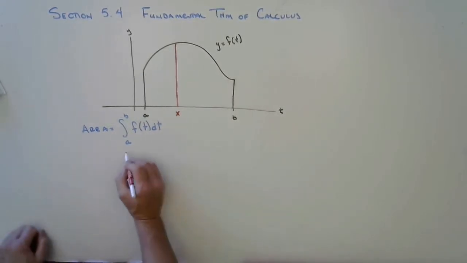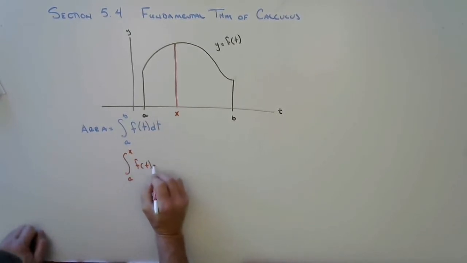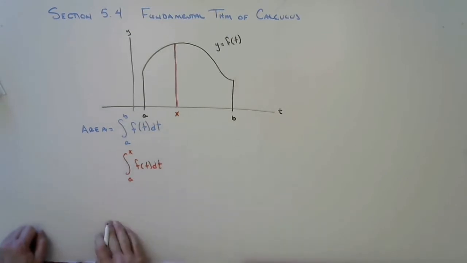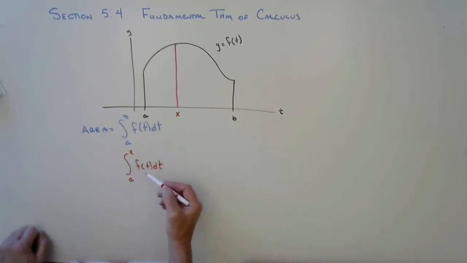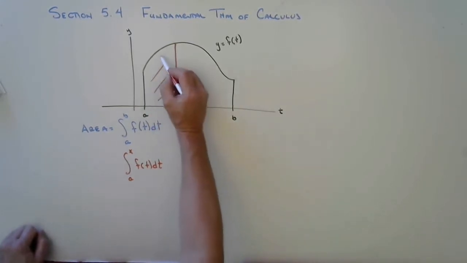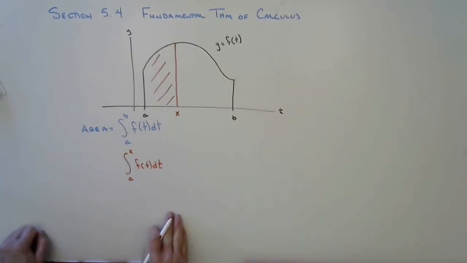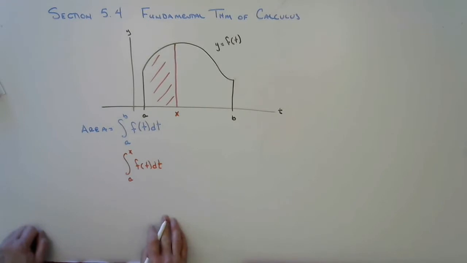And we ask ourselves, what does this equal? What does this give me? What do I get if I only integrate from A to X? Now, if you're thinking what I'm going to get is the area between A and X under that curve, you're 100% correct. That's what the integral from A to X is.